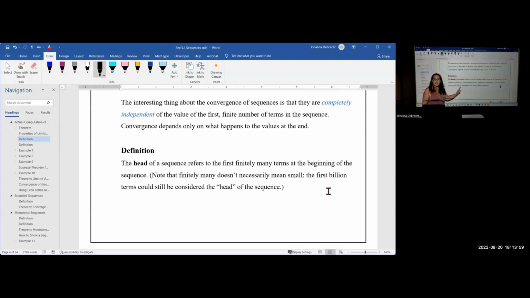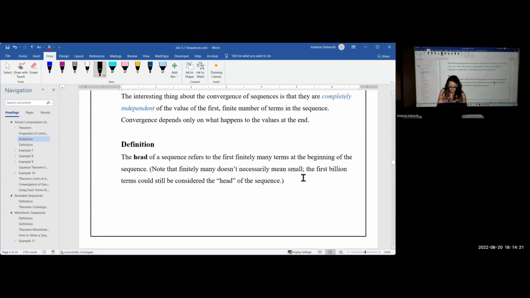The convergence of the sequence does not depend on any finite number at the beginning of the sequence. It only depends on the tail. So if the beginning of the sequence doesn't match the pattern at the end, we can ignore the front and take the pattern from the end and take the limit of that to see whether or not the sequence converges.